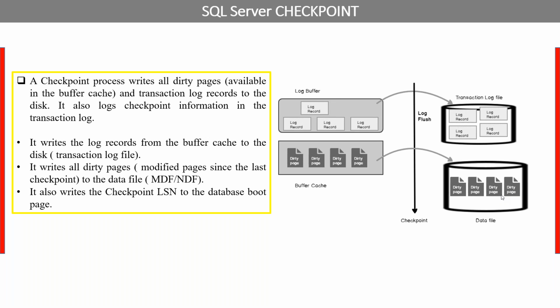It also writes the checkpoint LSN to the database boot page. See, this many operations are performed by the checkpoint. Whenever the checkpoint runs, the dirty pages move to disk and the log records move to the LDF. Got it?